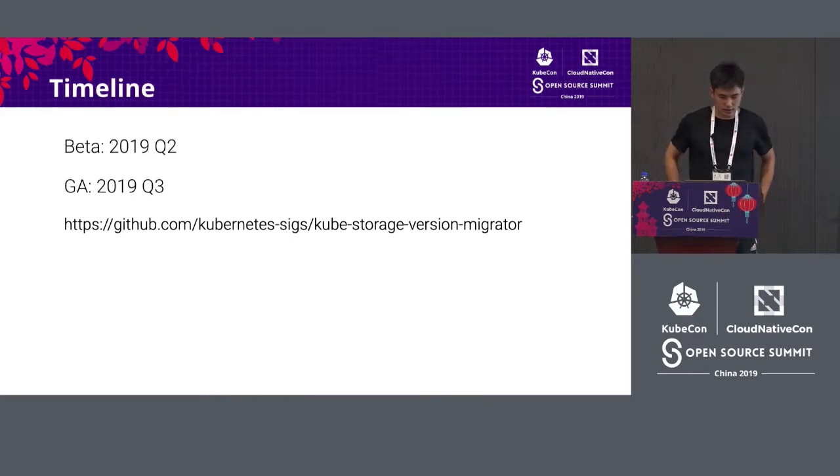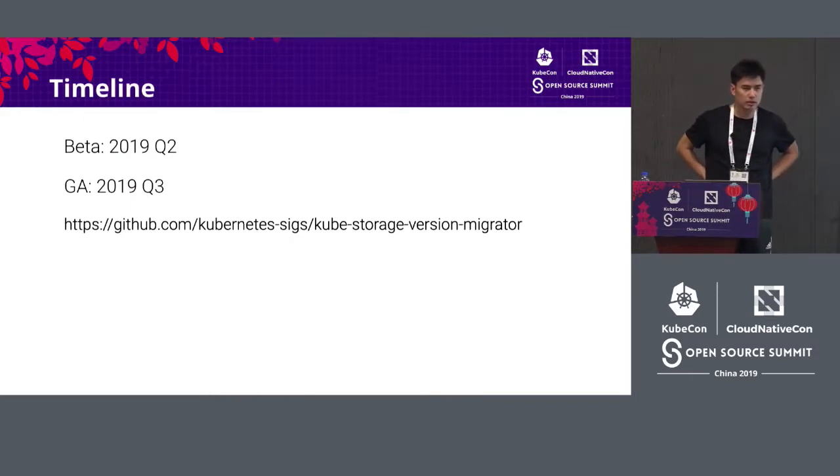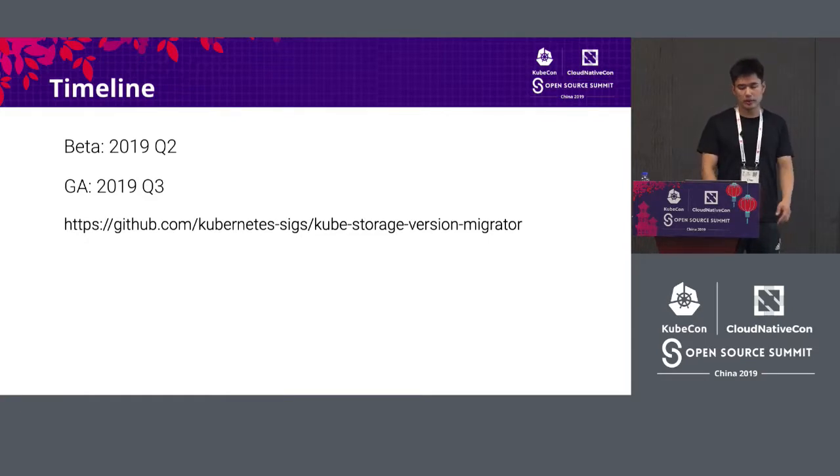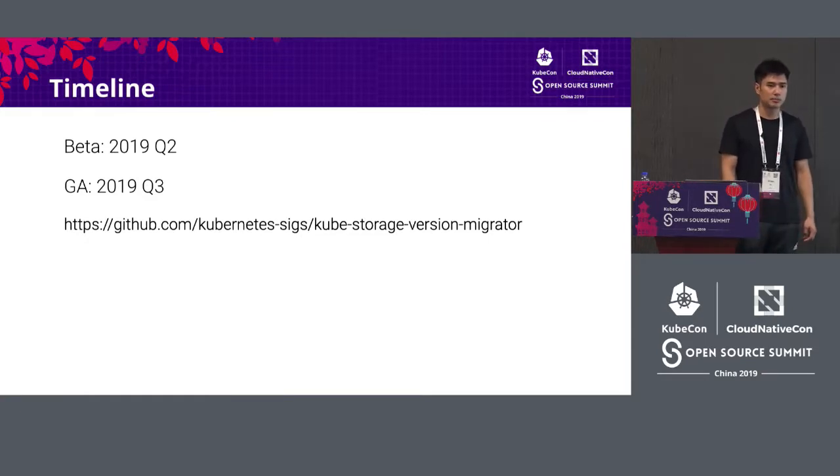And lastly, I want to talk about the timeline. This migrator itself is hosted in the Kubernetes SIG repository. Currently, it's still alpha, but it has met all the beta requirements we listed in the KEP.